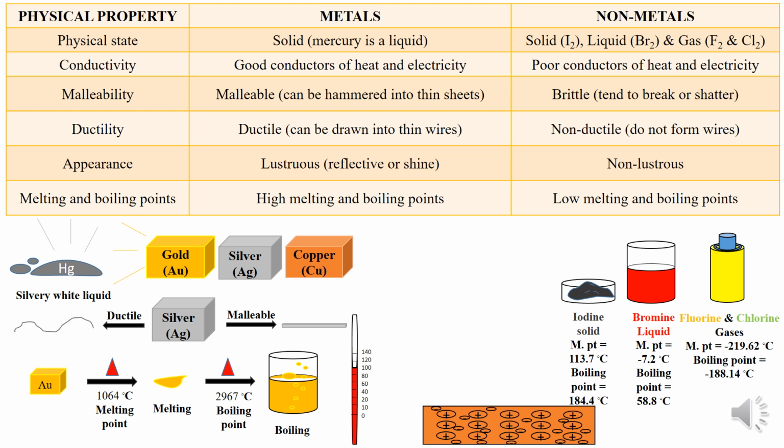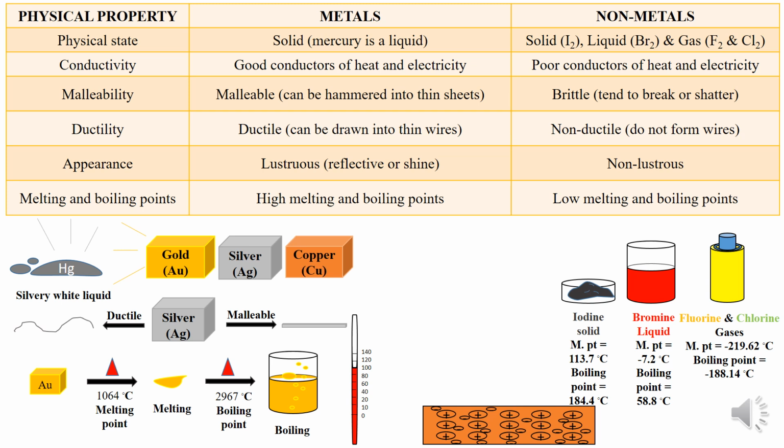So the loosely held and freely moving electrons in the case of copper metal give the metal its characteristic properties like good electrical conductivity, good thermal conductivity, malleability, ductility, and metallic luster.